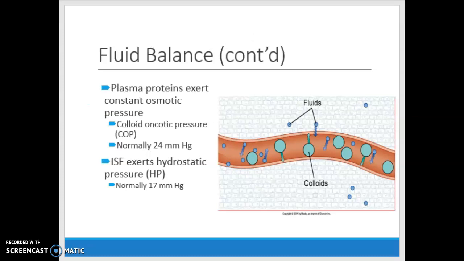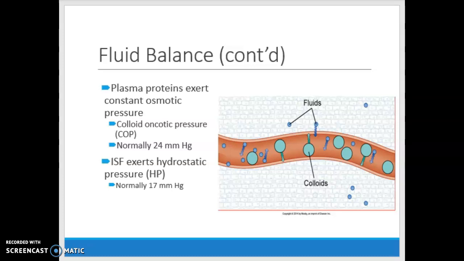Now, those plasma proteins, most notably albumin, exert this constant oncotic pressure and prevent the leakage of too much plasma through the capillaries and into the tissues. Because those proteins are suspended in the plasma, they are in a colloid state, and it's this colloid oncotic pressure that's normally around 20 millimeters of mercury.